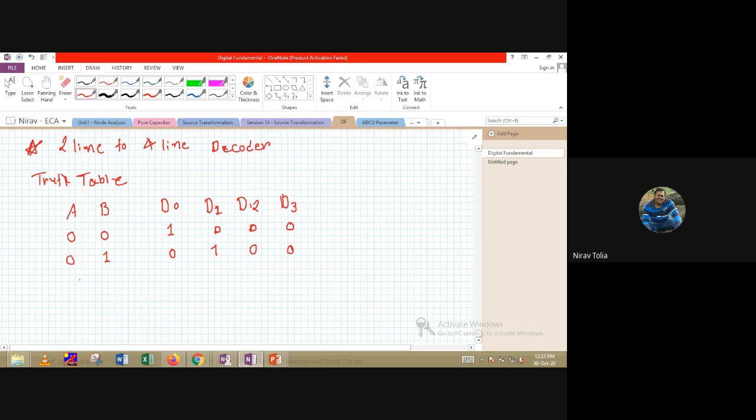Suppose my input is 1 0, only D2 will be activated, all others are 0. And suppose my input is 1 1, then only D3 will be activated. All others output will be 0.